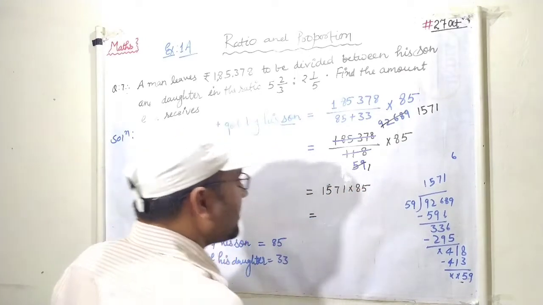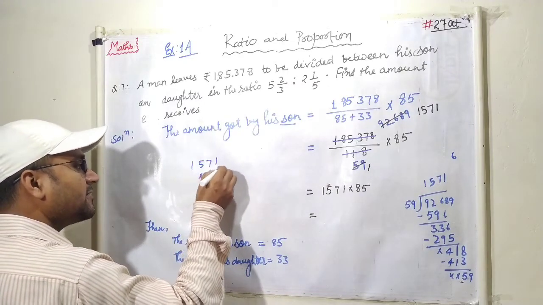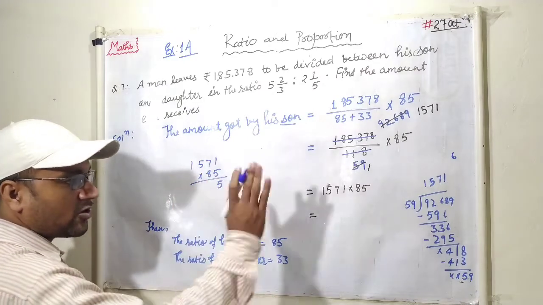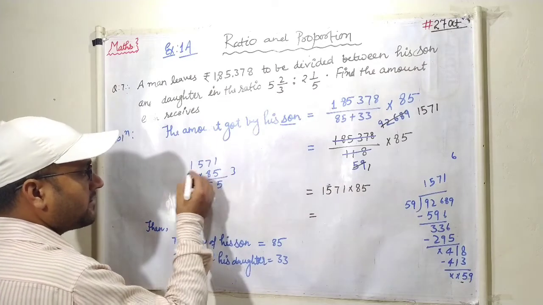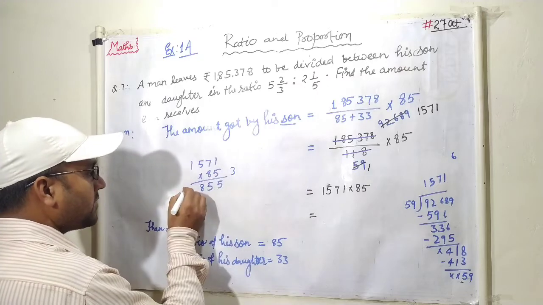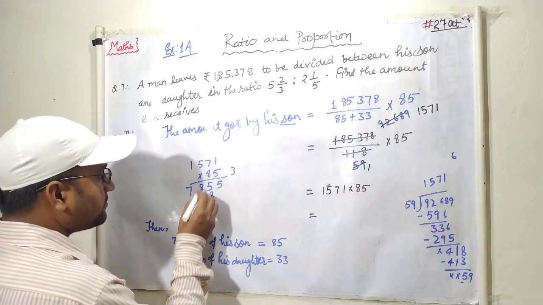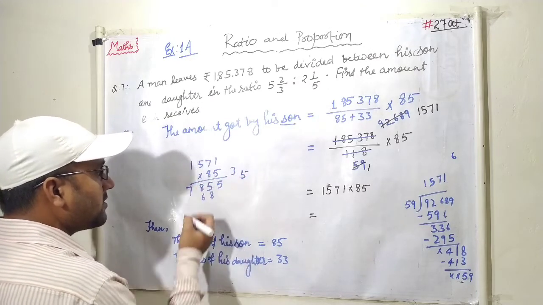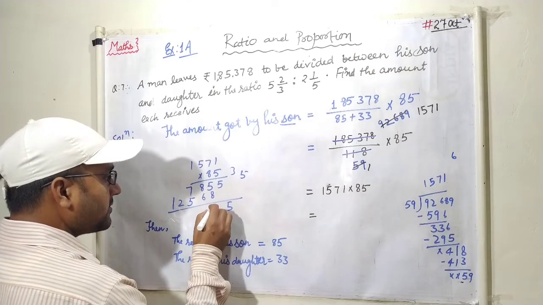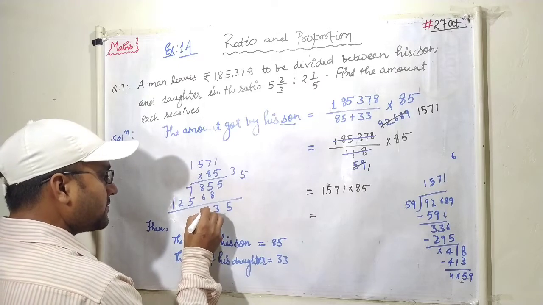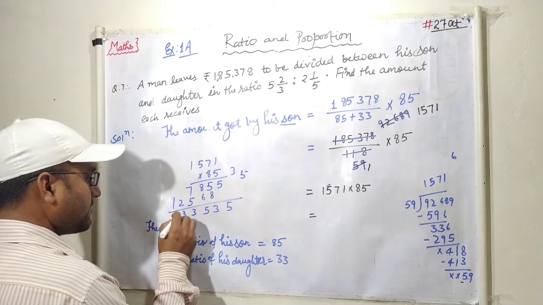Multiply this quantity, and you can do all this in your copy, students. 5 sevens are 35, 3 carry, 5 fives are 25, 3 is 28, and so on.